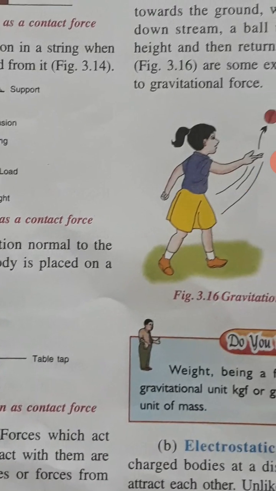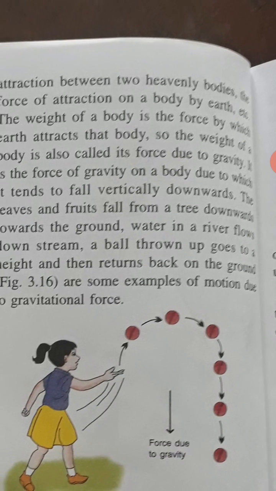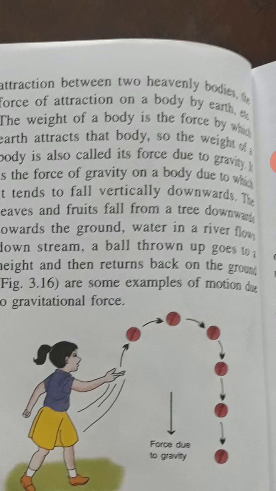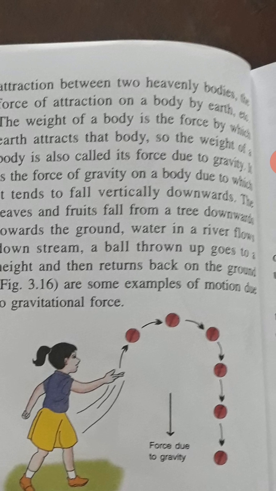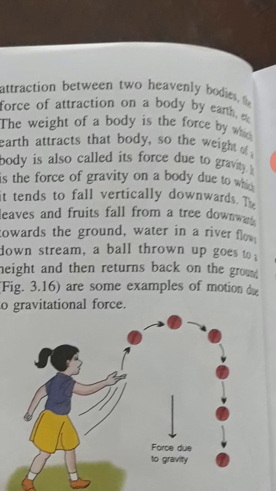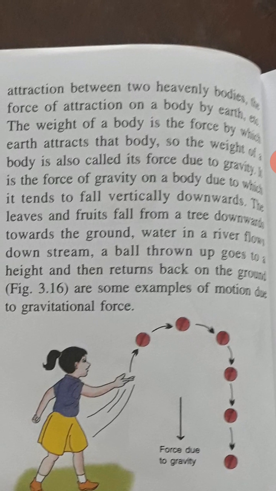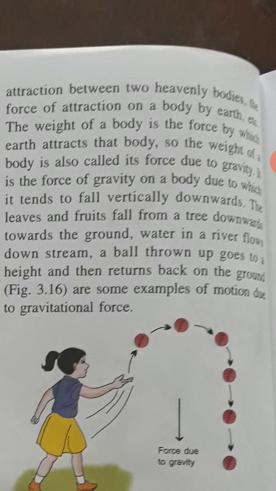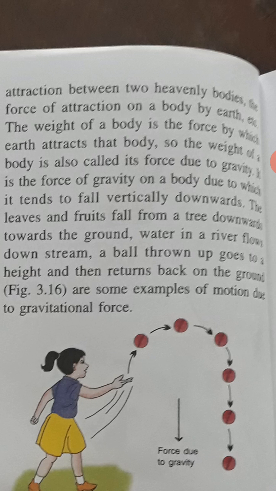Sir Isaac Newton was sitting under an apple tree eating an apple, and suddenly one apple fell down. So it set him thinking, why do things come down? Why don't they fly up? Then he came to this conclusion that earth attracts every body towards itself.